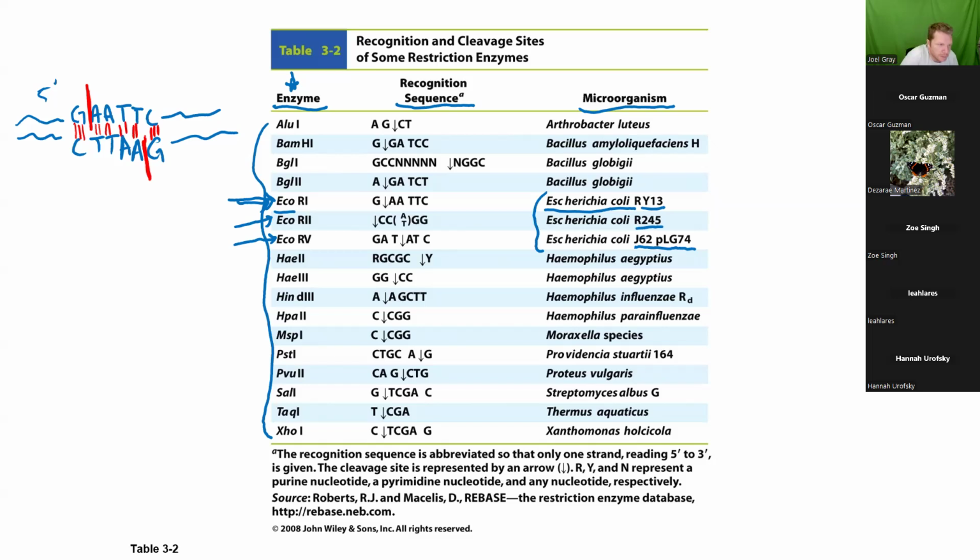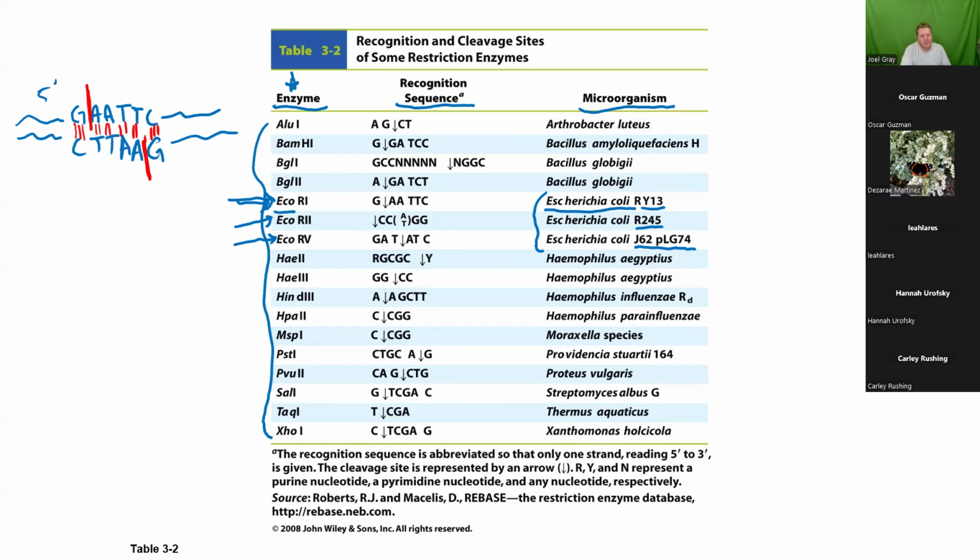Now, what that means is, and I want you to pay attention to this real quick, restriction enzymes break phosphodiester linkages. Now, the consequence of that is, we've got this molecule that's hundreds of base pairs long.